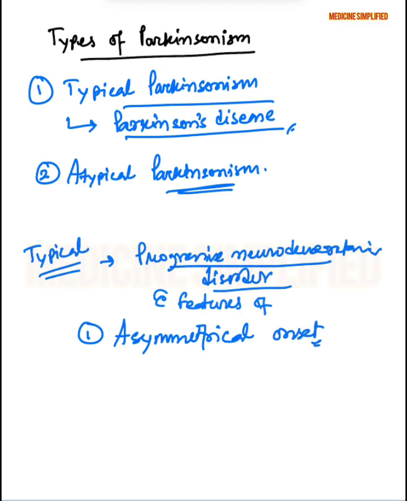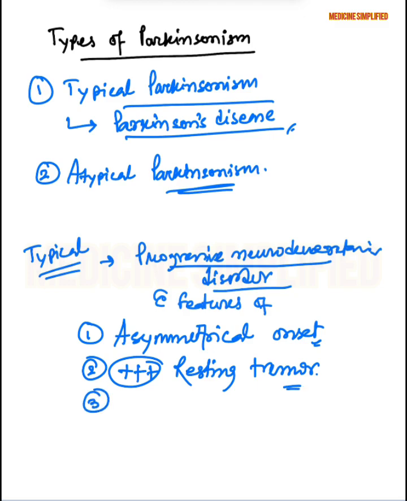Onset on both sides is not usually seen. It is seen usually on one side, then it will gradually affect the other side. Number 2, presence of resting tremor. Number 3, very slow progression.